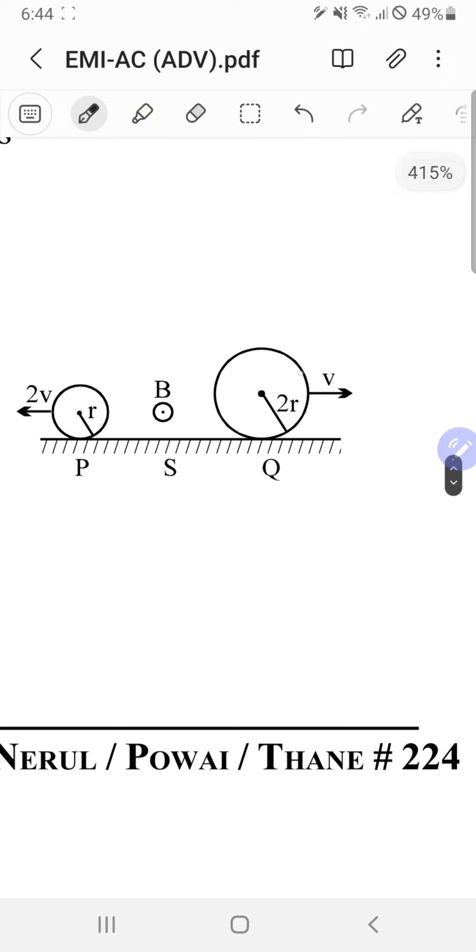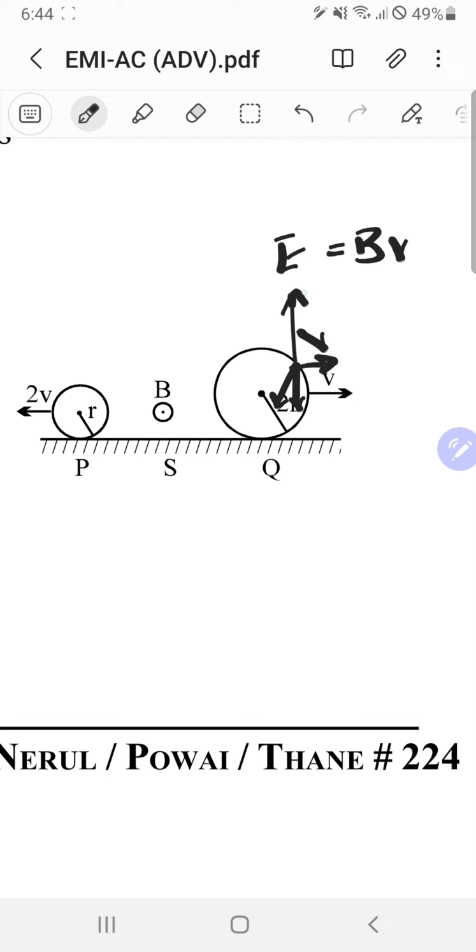Consider just a small charge carrier on this thing. It's moving with velocity v, and there's magnetic field B out of the plane, so V cross B is going to be in this direction, right? So we need a field in that direction, and with what magnitude? We want E equal to BV, so we want a field in that direction.